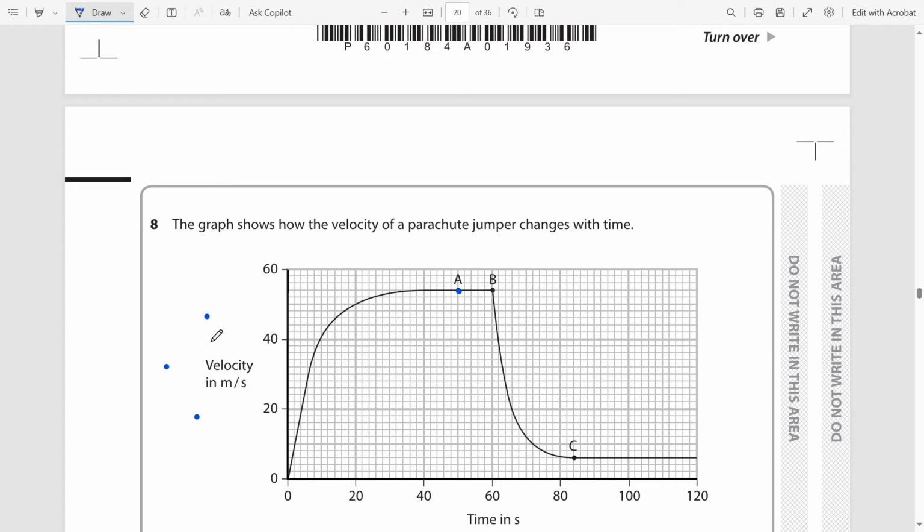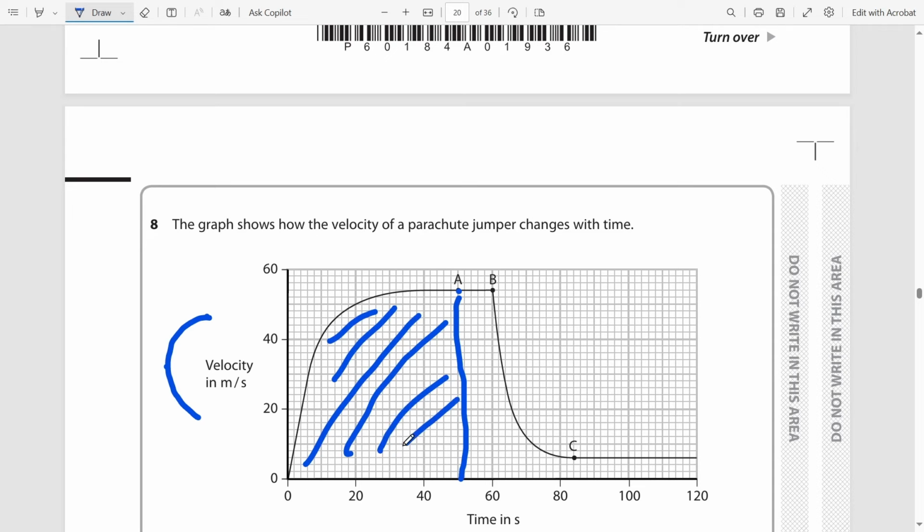Usually, in velocity time graphs, you can only find distance by finding the area underneath the graph. But it's curved. Ah, damn it. So, what are we gonna do? I'm just gonna make this a square. This entire thing is a square.